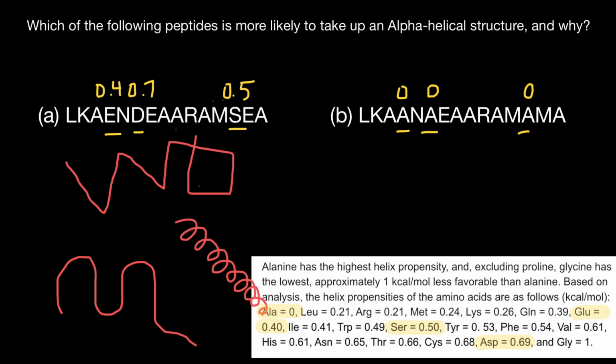E in polypeptide chain A is glutamic acid. We already know that this is 0.4. And here we have M, which is methionine. Let's check methionine in our table. It has 0.24 propensity.